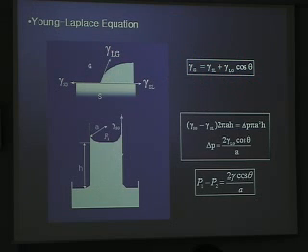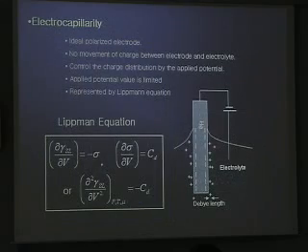The electrowetting process is nothing but the change of the interfacial tension between solid and liquid. By applying an electric field in the vertical direction, we collect charges near the solid surface. Then the collected charges will make this kind of force. Then the contact angle will change, sometimes from hydrophobic to hydrophilic.